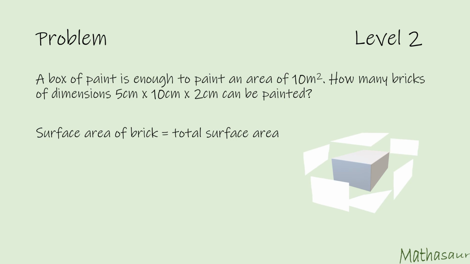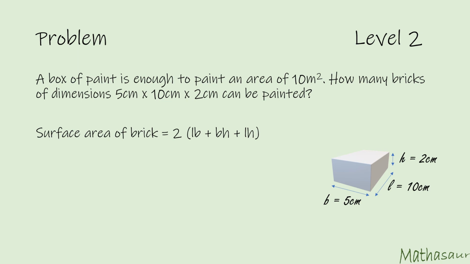Now since all 6 faces are going to be painted, we are looking at the total surface area, or 2 times LB plus BH plus LH. Let us substitute the values and calculate.